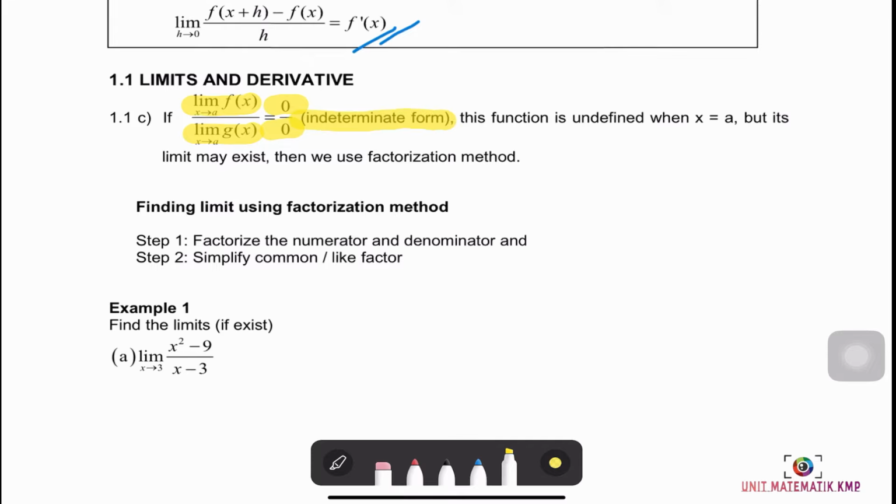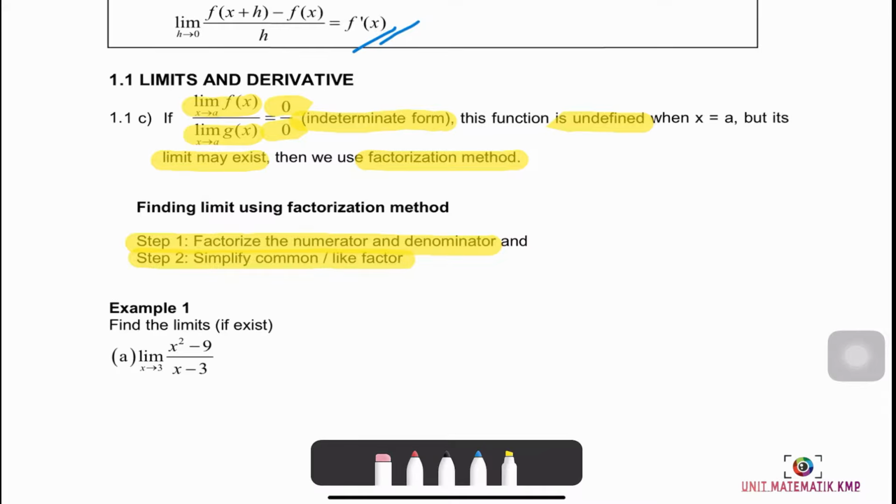So this function is undefined when x equals a, but its limit may exist. Then we need to use the factorized method. We have two steps. Step one, we factorize the numerator and denominator. And step two, we simplify the common factor.